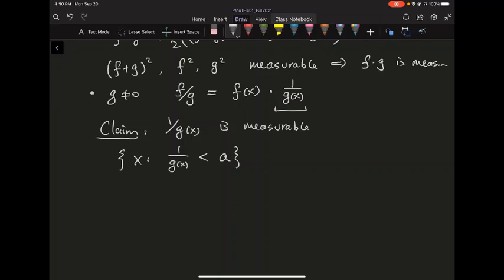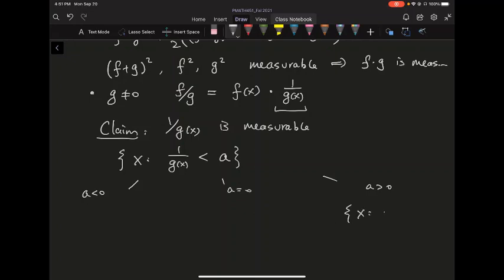So when a is negative, when a is equal to 0, and when a is positive. When a is positive is probably the easiest. You just move everything around.